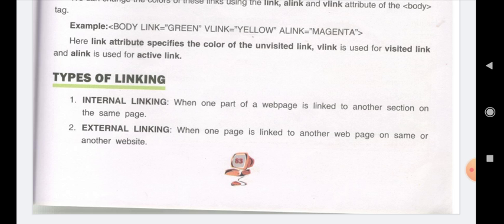External linking is when one page is linked to another web page on the same or another website, so the destination of an external link is either another web page or another website. These are the two types of linking we have in HTML.